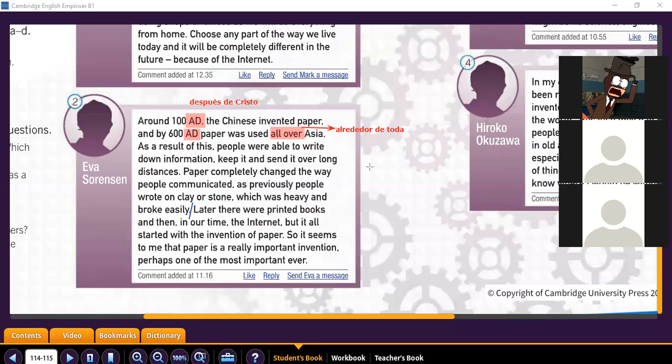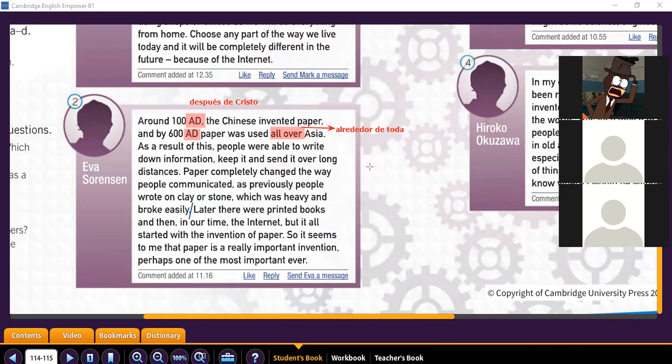Send it over long distances. And paper completely changed the way people communicated. Al igual que el Internet, ¿no? En su época, el papel cambió la forma en la que la gente se comunicaba.